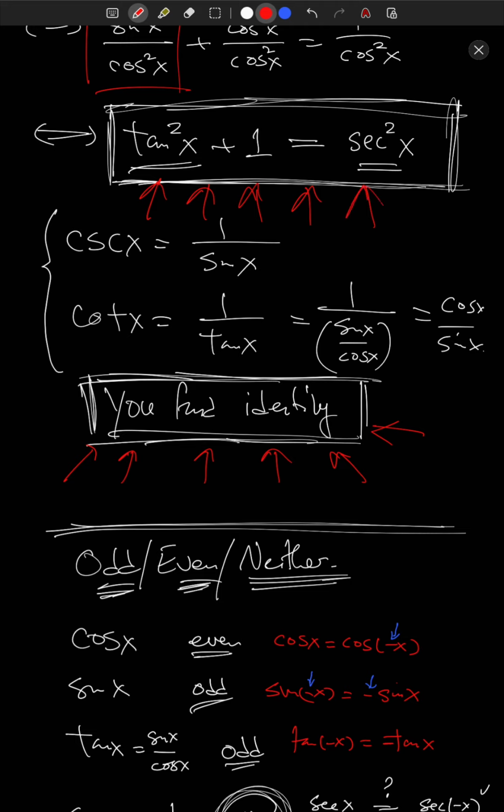If you do see in the homework a tangent squared or a secant squared, you might want to try converting the tangent squared into a secant squared, or the secant squared into a tangent squared. And then, of course, you found the relationship between cosecant and cotangent. So if you see a cosecant squared, perhaps you want to convert it to a cotangent, okay?